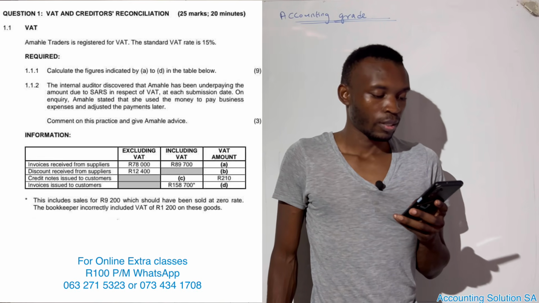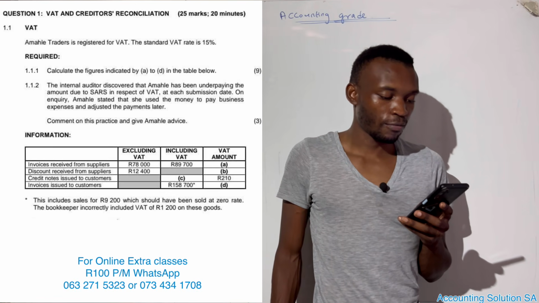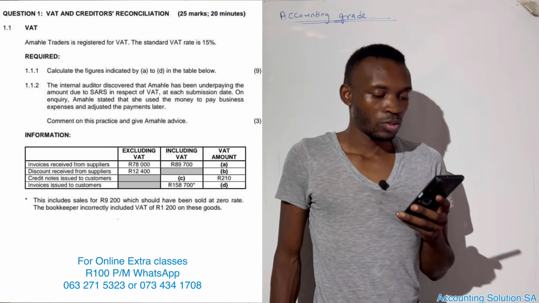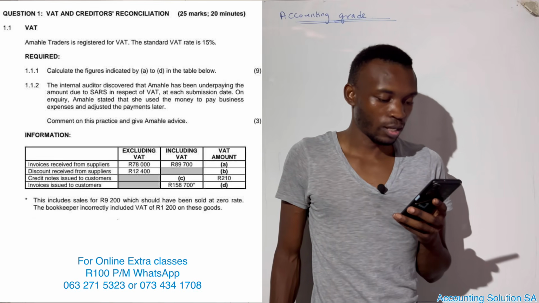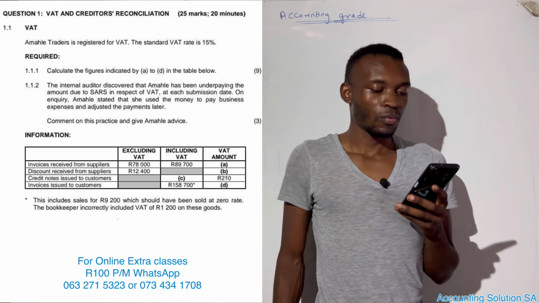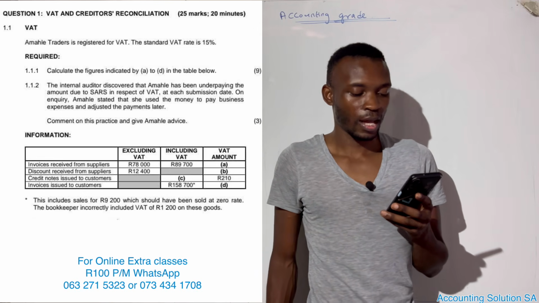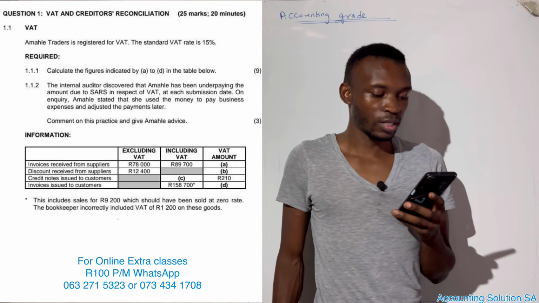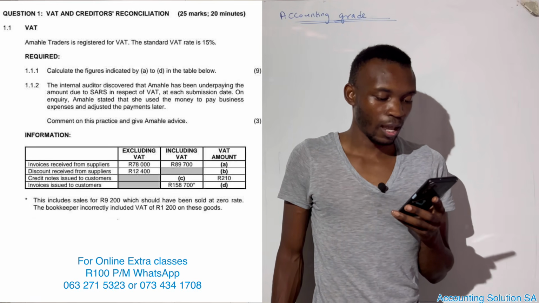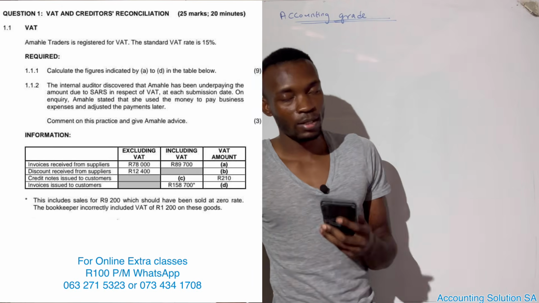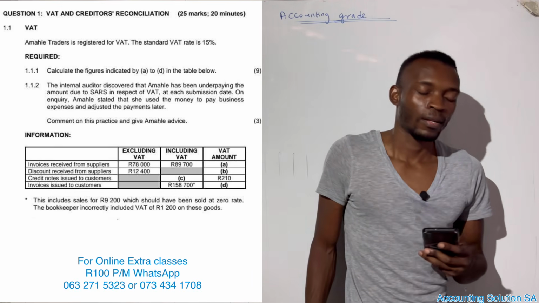And the internal auditor found that Tom King had underpaid the amount due to SARS in respect of the VAT with each filing date. Upon investigation, Tom said that he used the money to pay business expenses and then adjust the payment later. Let's start with this one, guys, of a theory.